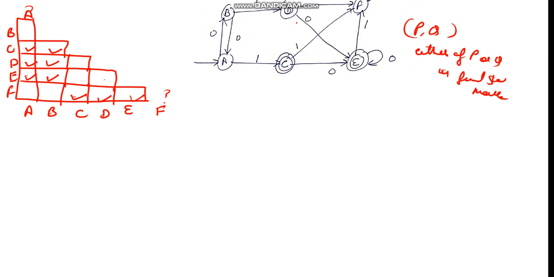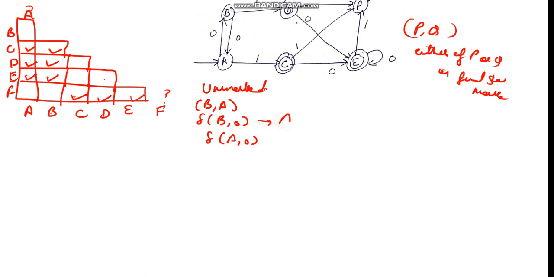Now we will check for unmarked. We will try for all the unmarked pairs. The very first unmarked pair is B and A. What we need to do is check all the transitions for B with 0 and A with 0.